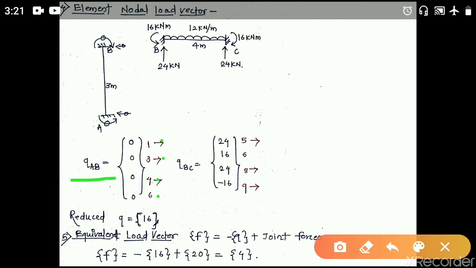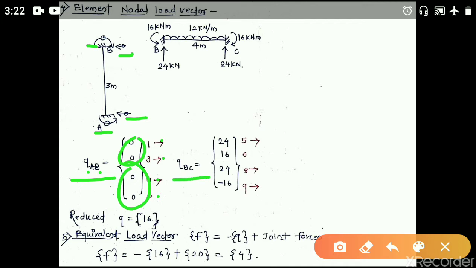Corresponding to that are reaction, moment, reaction, moment: first the reaction and moment at A, then at B. These are 0, 0, 0, 0. As there is no load, Q AB is simply a null matrix.